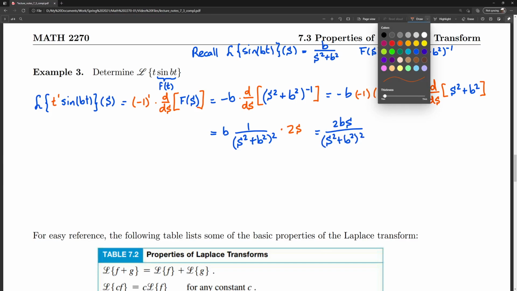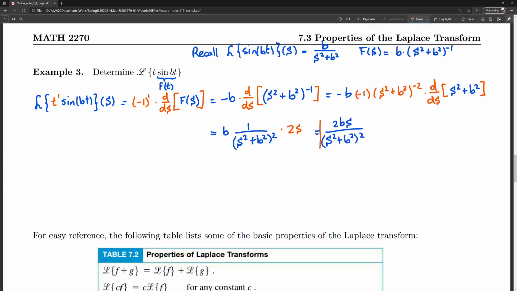So that is the Laplace transform of t sine bt. And since the original transform is of exponential order 0, we can say that this is for s greater than 0.